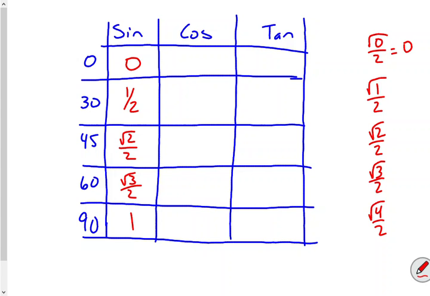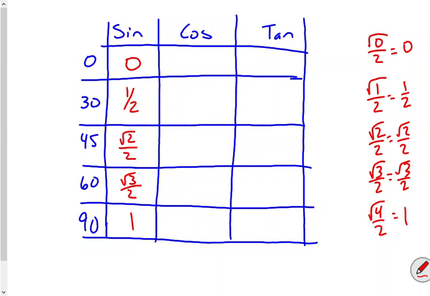Square root of 1 is 1. Square root of 2, square root of 3, because they don't simplify. Square root of 4 is 2, so 2 over 2 is 1. So you see that pattern: square root of 0, square root of 1, square root of 2, square root of 3, square root of 4. So sine seems to increase as the angles increase to 90. Your sine ratio will also increase.